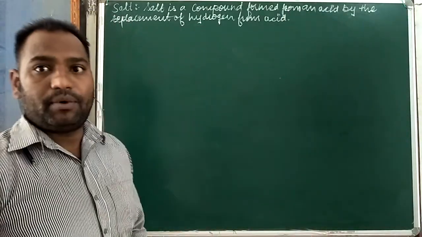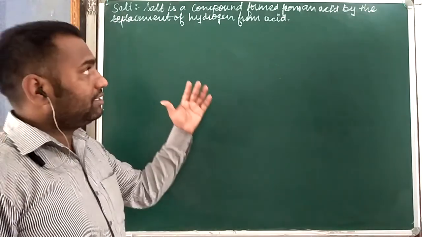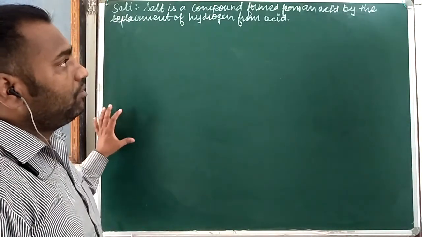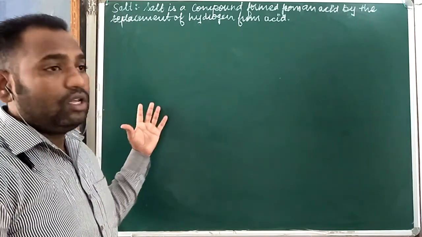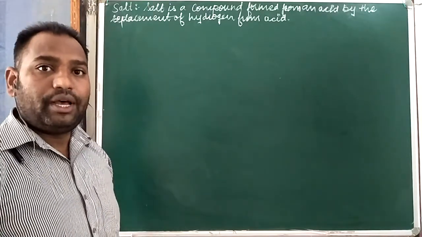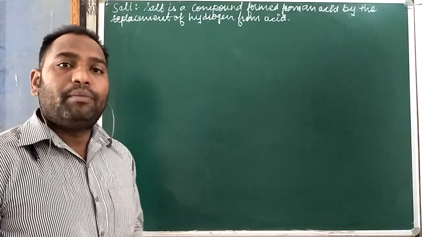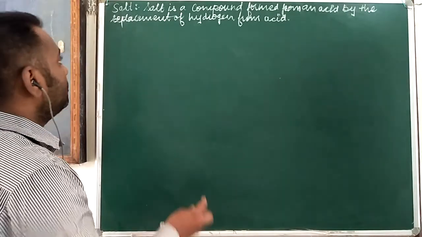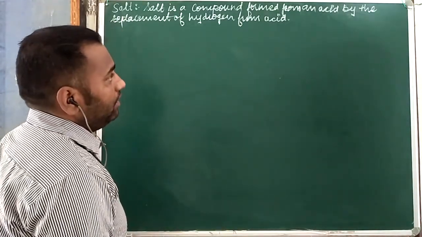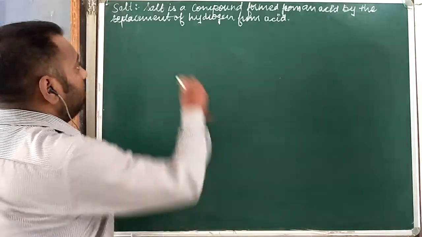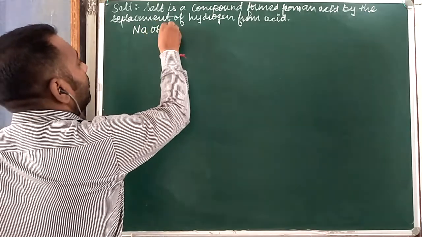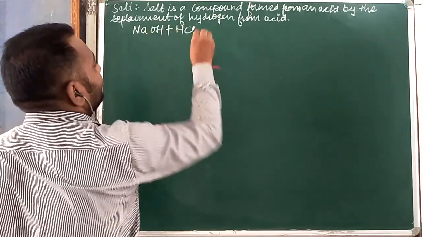Now the different types of salt. First of all, how can the formation and preparation of this salt be done at any place, maybe in the labs or anywhere? This is from an acid. The formation of NaCl is when NaOH reacts with HCl.